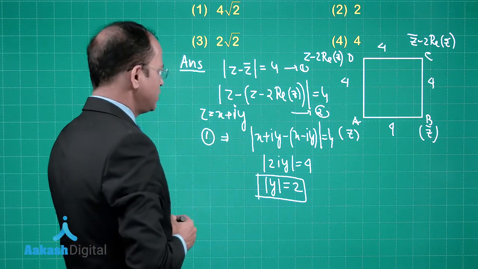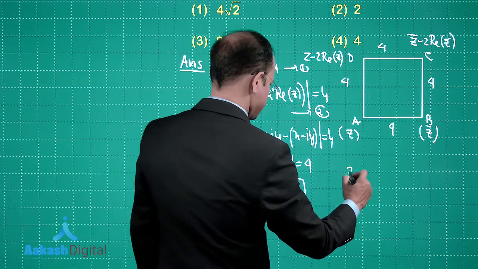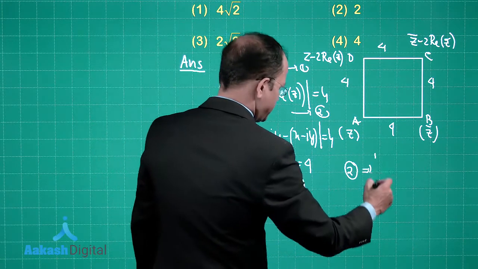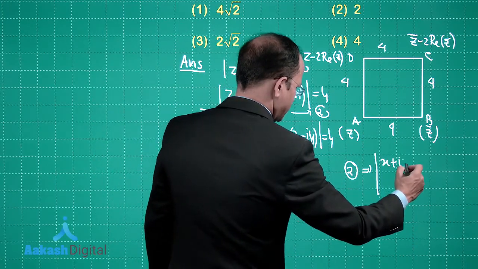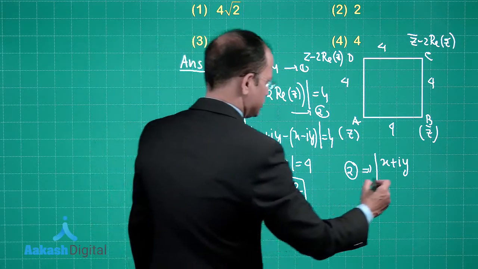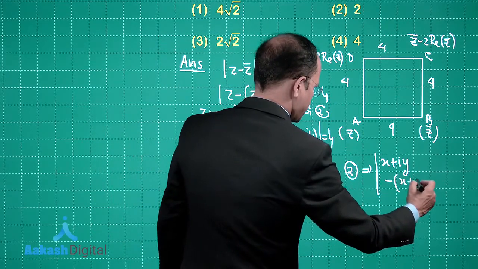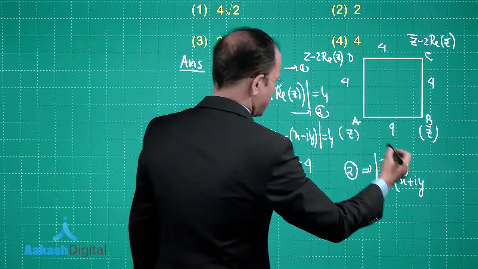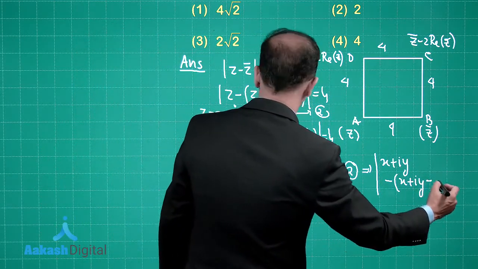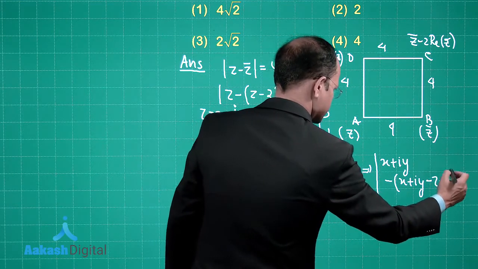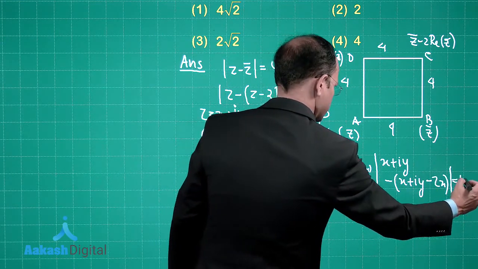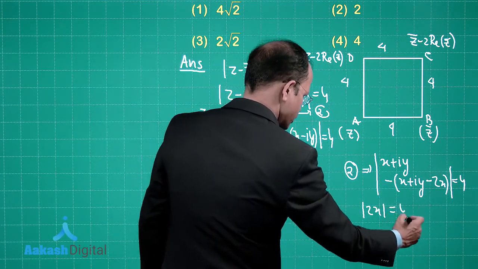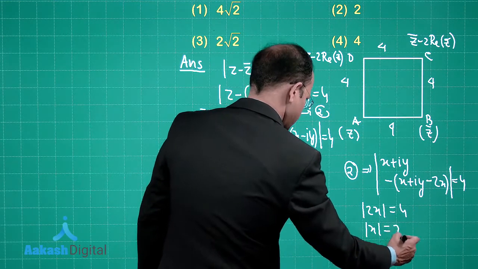In the second equation we take z to be x plus iota y, minus 2 of the real part of z, that is minus 2x, which is equal to again 4. This is twice x, which is 4, or mod of x is equal to 2.